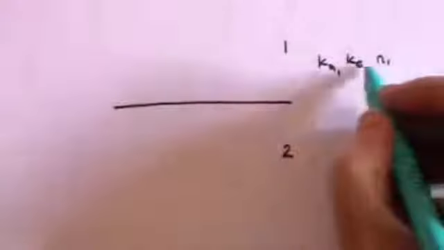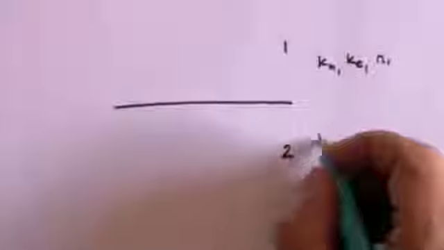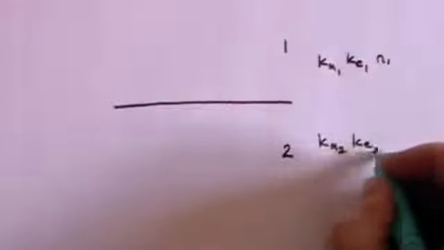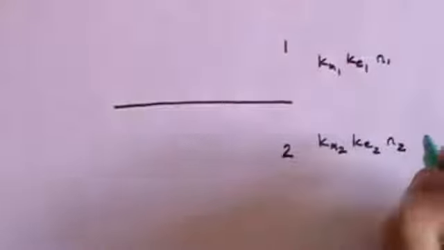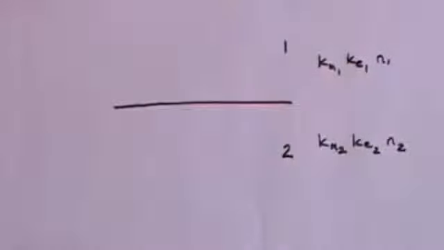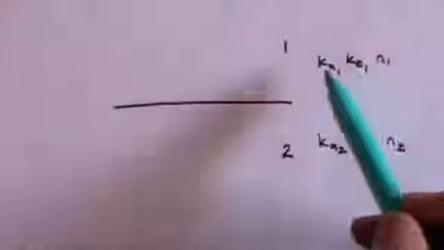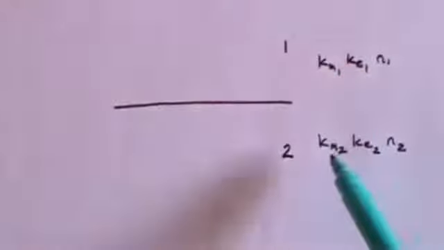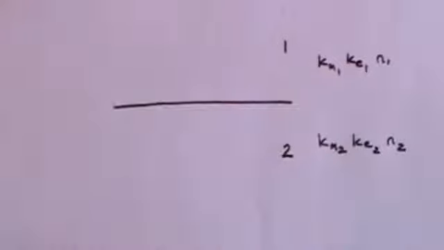And those are going to be, I'll give them the number 1 to distinguish them for medium 1. And then there are going to be values for the permeability, the permittivity, and the refractive index in medium 2. As it happens, I've already told you that Km1 will equal Km2, and that will be 1. But we'll keep them there just for the time being.